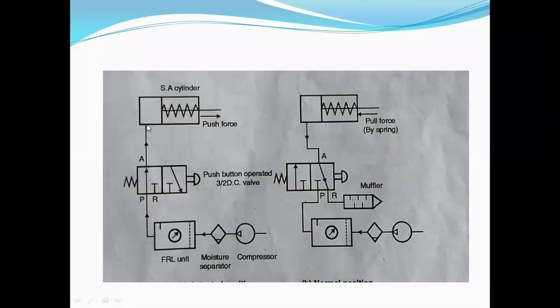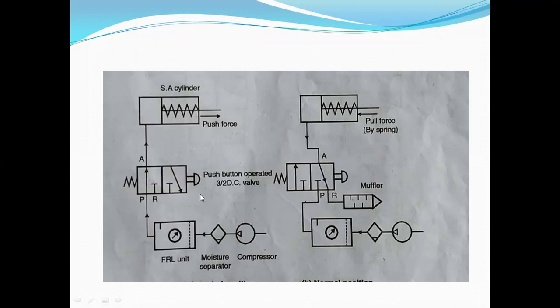Once the pressure of the compressed air becomes higher than the stiffness of the spring, it will start pushing the piston in the forward stroke by compressing the spring. So this is the forward stroke.